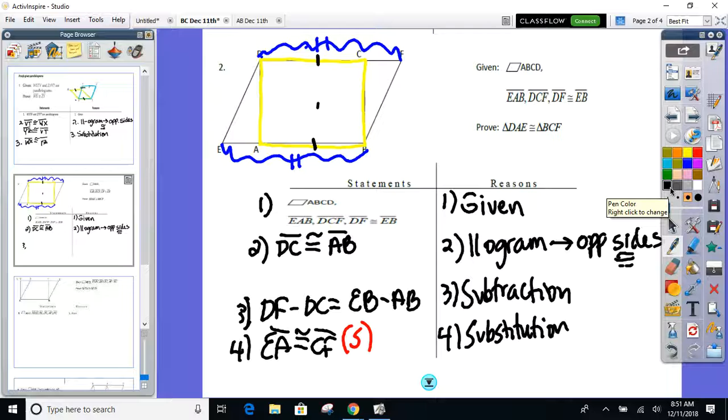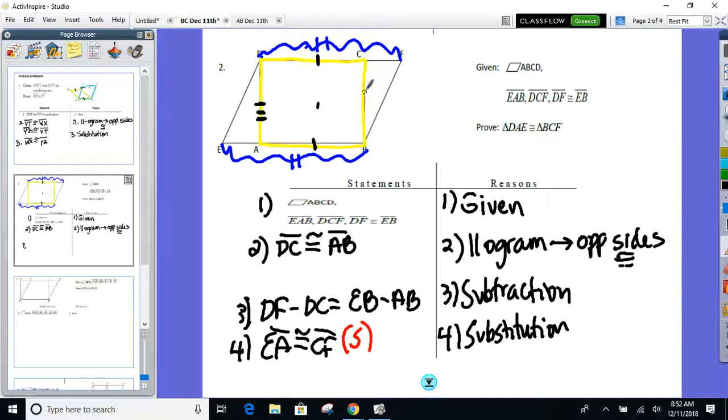Okay, look for more sides or angles possibly. Hi, Sinead, what's up? Yeah, DA, that's why I left that big gap in my proof there, because I was hoping somebody told me that DA is congruent to CB. Is that CB?